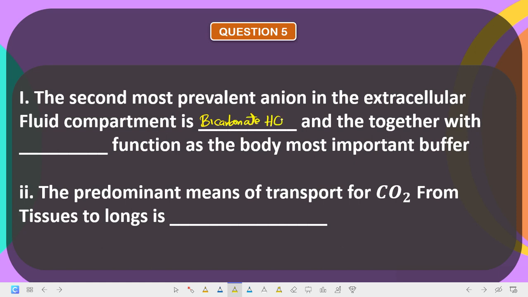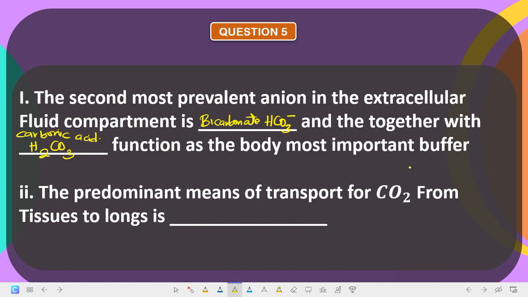Now, the bicarbonate ion together with carbonic acid functions as the body's most important buffer.